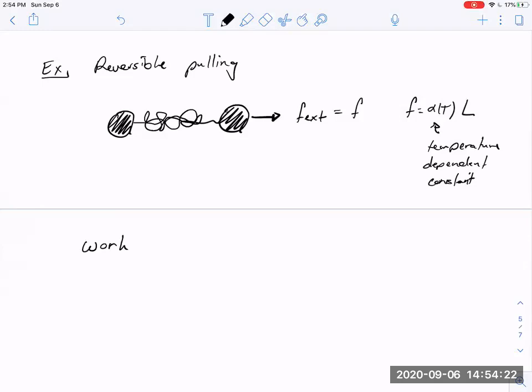In such a system, the work can be computed from F times dl, and the work done by an external force, therefore, is that external force integrated over whatever elongation I'm prescribing by my protocol.